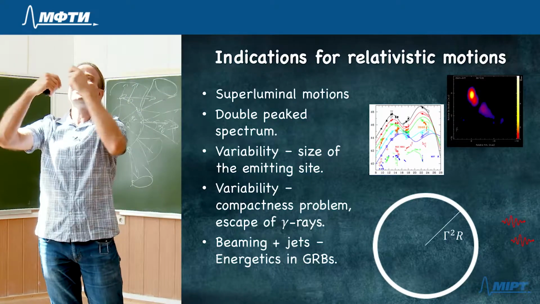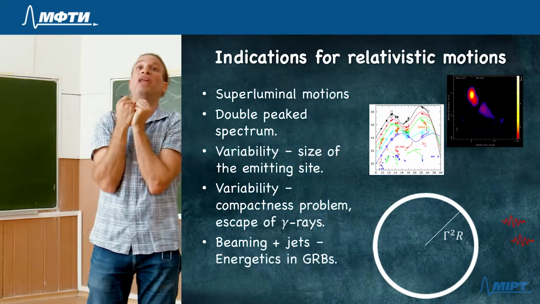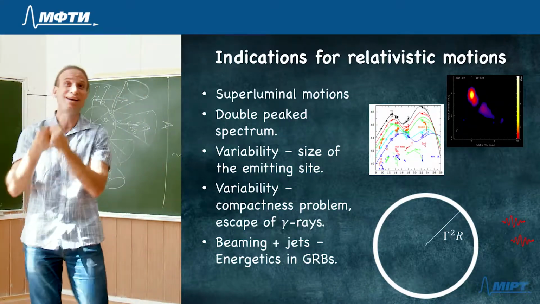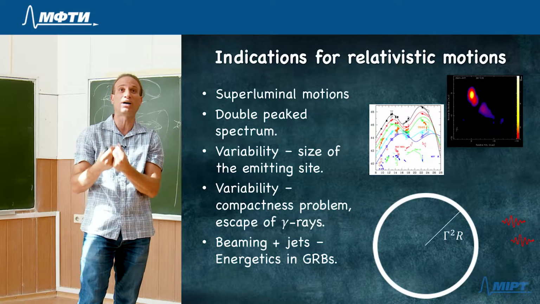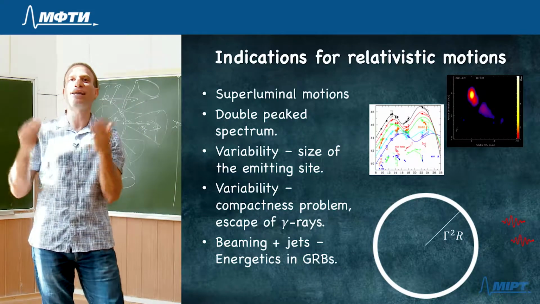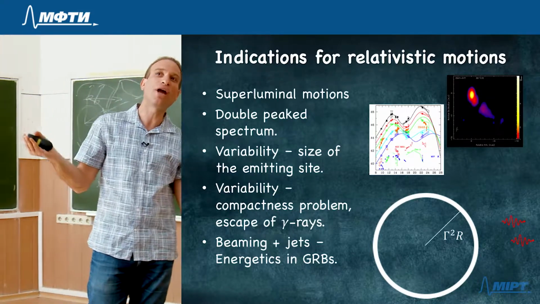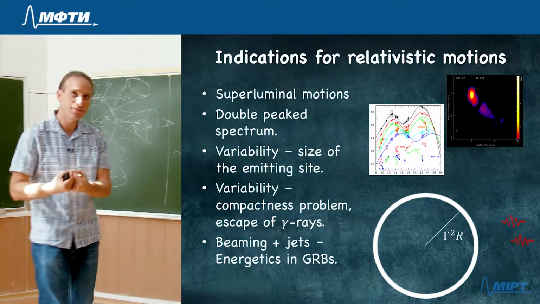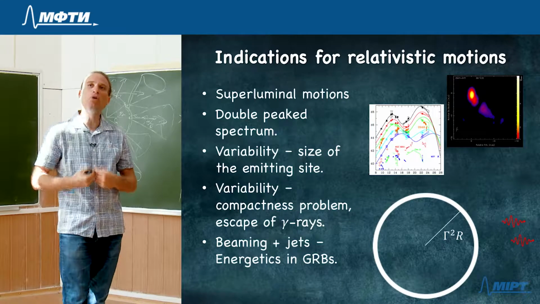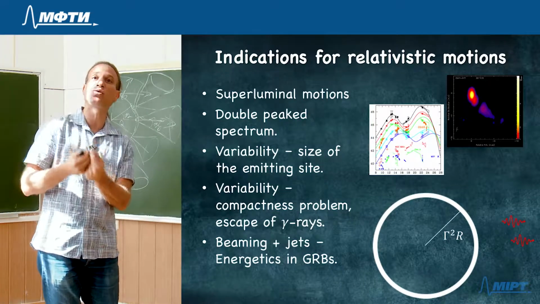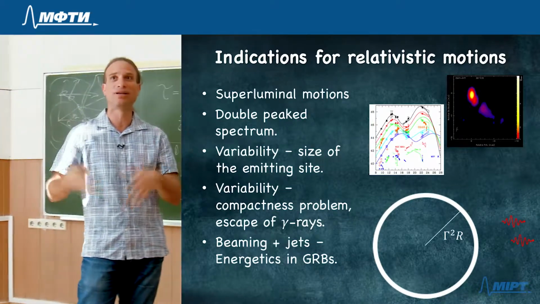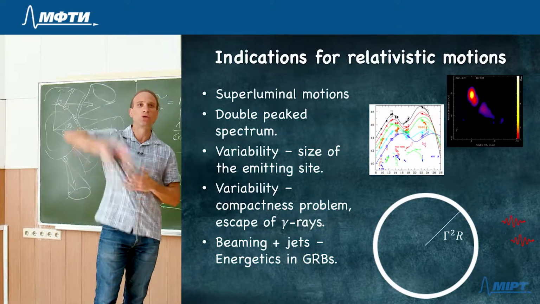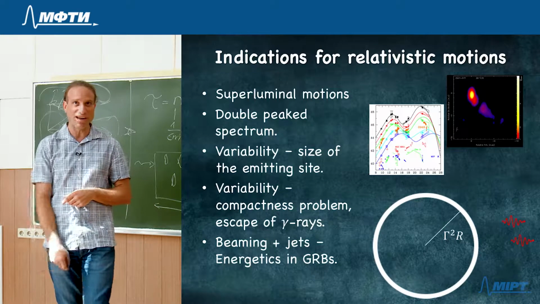Okay, so the emission that I see, I see flux. If I want to turn this flux into luminosity, I need to multiply this flux by 4 pi times the distance squared. And the energies that I'm getting, if I multiply by 4 pi times the distance squared times the duration of the burst, range between about 10 to the 52 ergs to 10 to the 54, 10 to the 55 ergs.